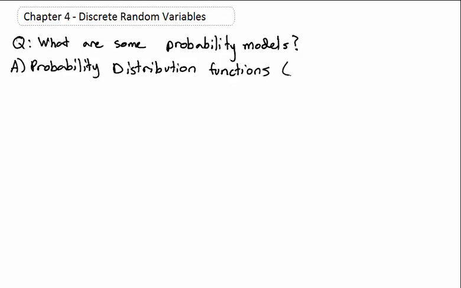We're going to abbreviate probability distribution function as PDF. And probability distribution functions describe what are called random variables, which are outcomes of experiments.